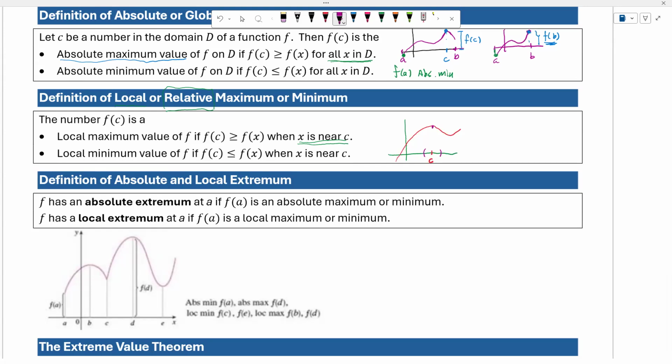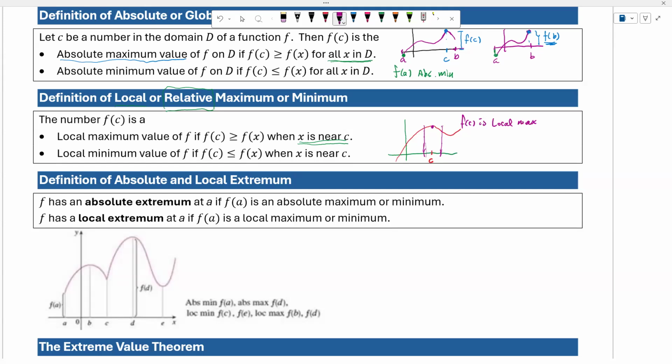So within this small portion of the function, we are looking for the biggest output, the largest output within this small area right here. So therefore, in this case, this f of C is the local maximum, okay?